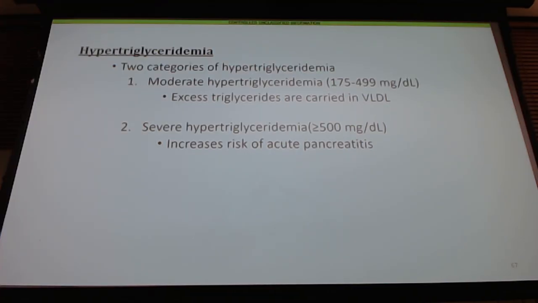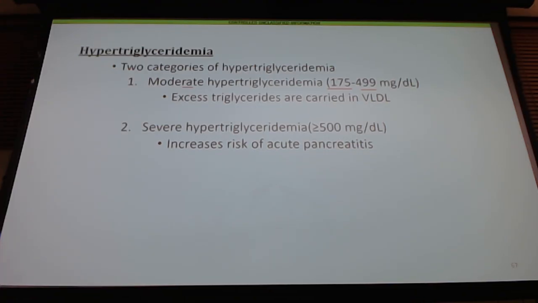So we don't really get concerned, or we really don't label it as elevated until that triglyceride level gets above 175. And if it's in the range of 175 to 499, so this qualifies as a moderate hypertriglyceridemia, we're going to treat it with lifestyle changes. We're not going to treat it with pills. Not yet.